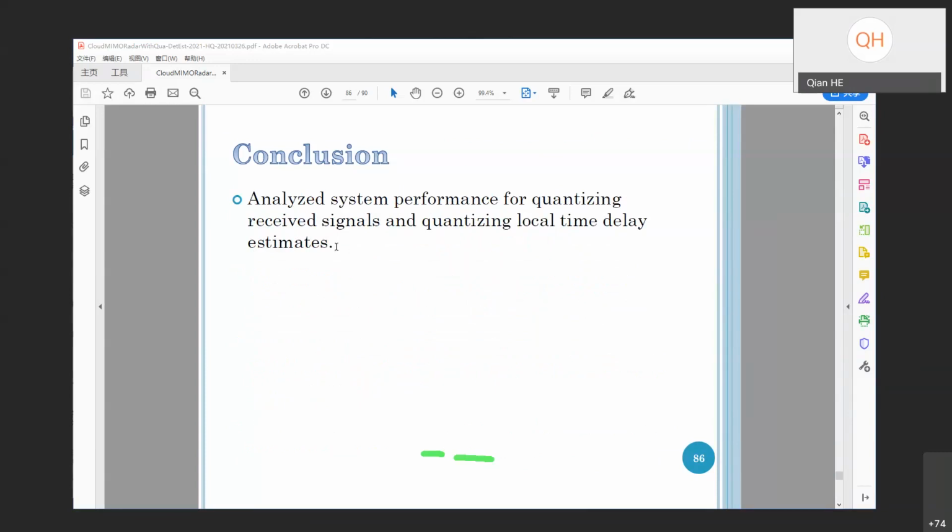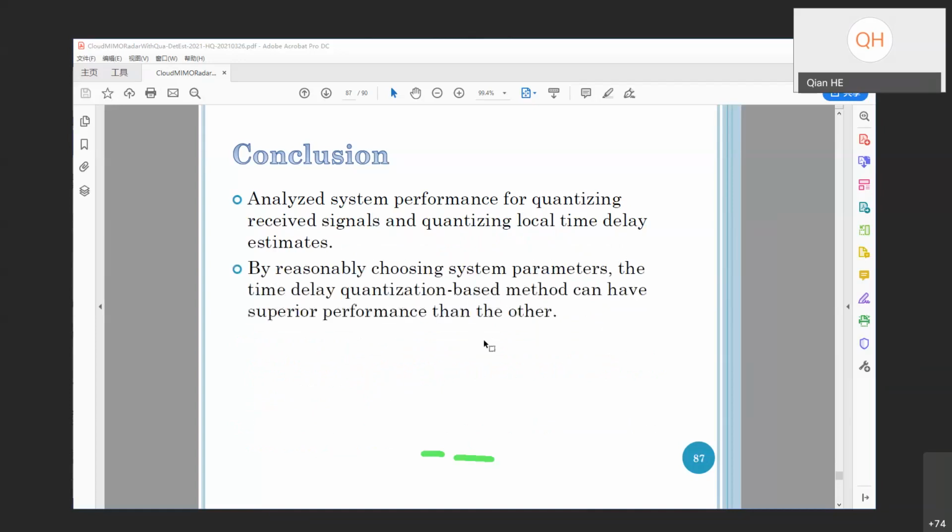So you can quantize the received data or the time delay, and you can cleverly adjust your system parameters to use either received data quantization or time delay quantization. So it's up to you. And I think all our analysis can be useful to guide the system designers.